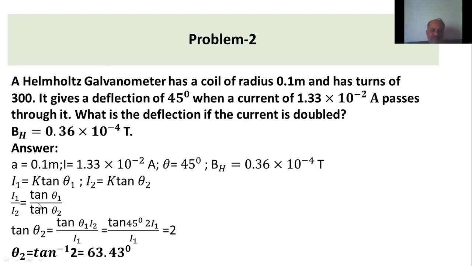Dividing these equations, K gets cancelled, so I1/I2 = tan θ1/tan θ2, or tan θ2 = tan θ1 × I2/I1. Substituting the values, we get θ2 as tan inverse of 2, and this is 63.43 degrees. So this is the deflection.